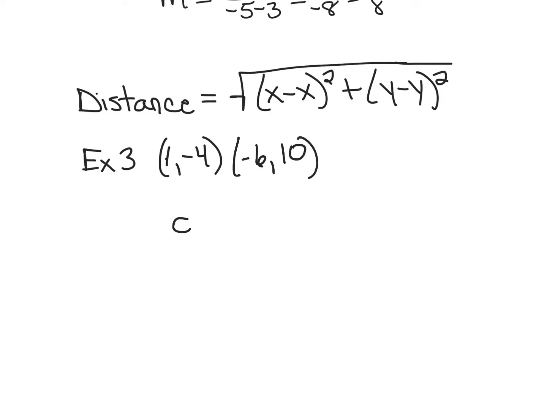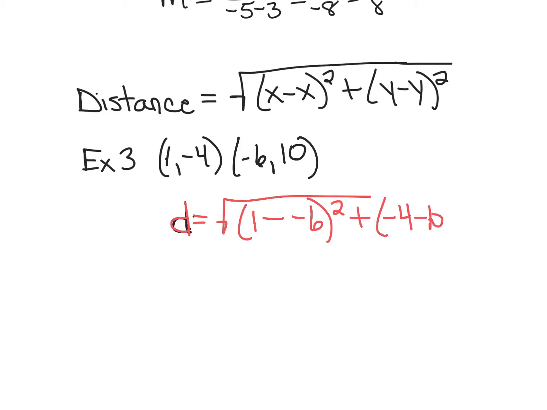Okay, so distance equals the square root of x minus x, which is 1 minus negative 6, squared, plus y minus y squared.